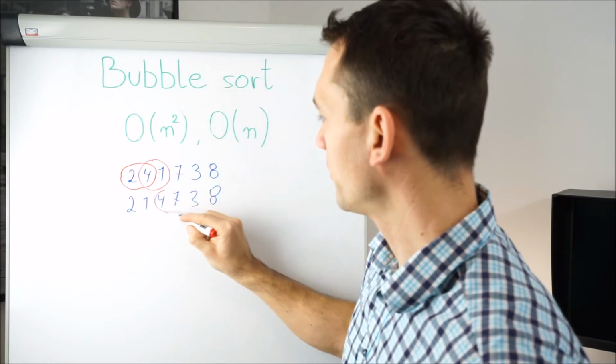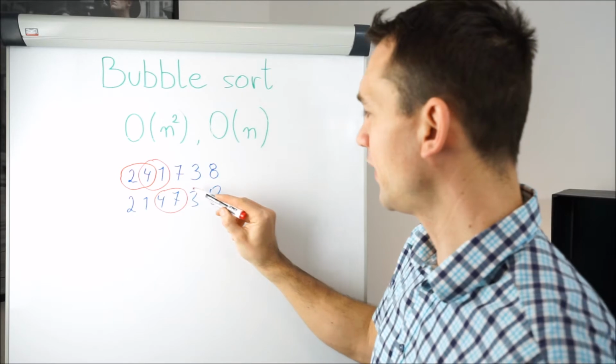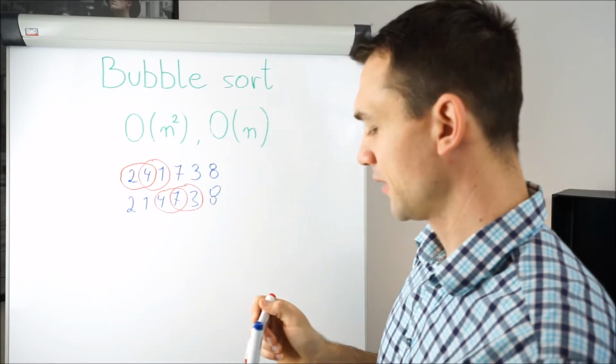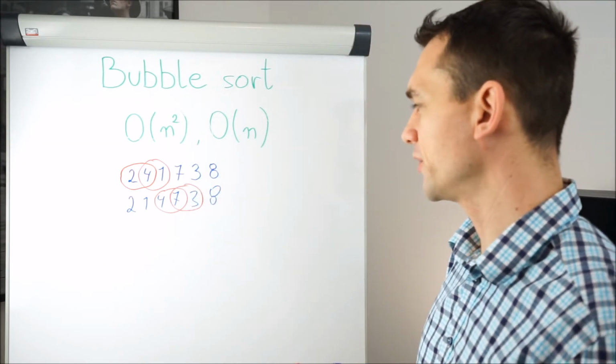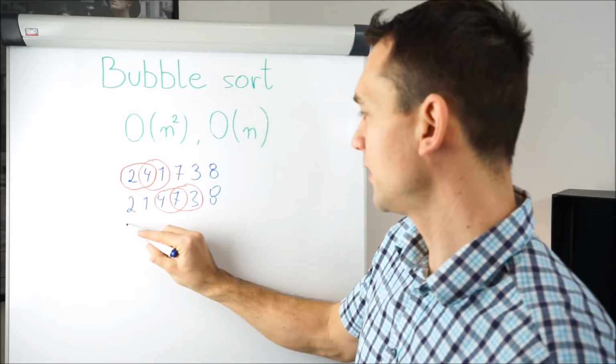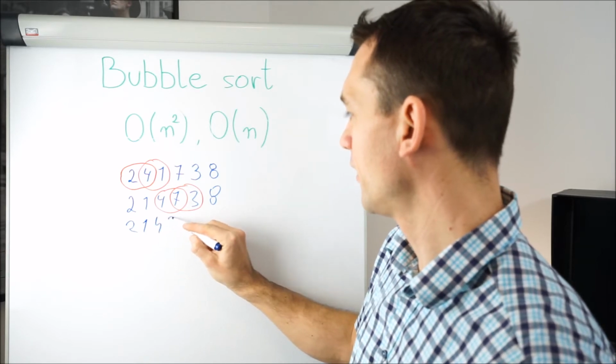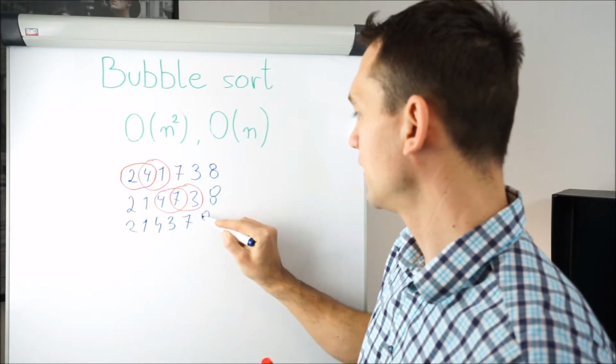And we move our window here. 4 is less than 7, so that's okay. We move our window here. 7 is far more than 3, so we have to swap those two elements. And let's rewrite the array: 2, 1, 4, 3, 7, 8.